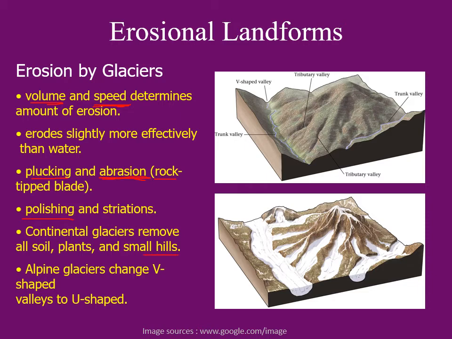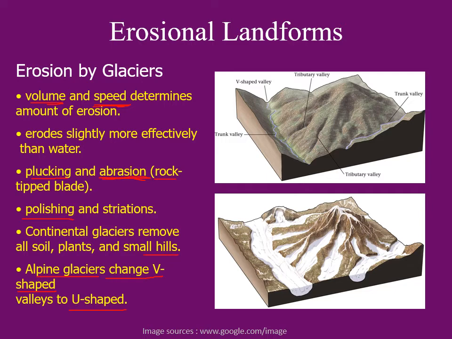Alpine glaciers, that is the mountain glaciers, change the initial V-shaped valley formed by fluvial activity from the river into a U shape. So glaciers always use a pre-existing valley, and with time they modify it, as you can see in this picture.